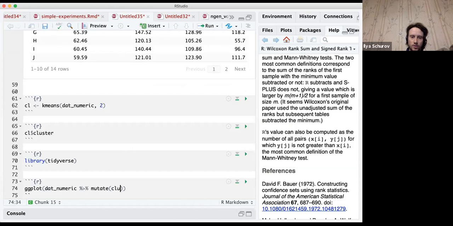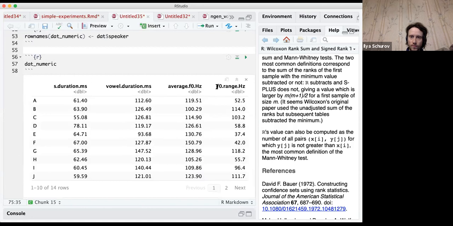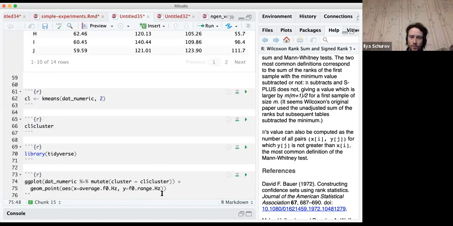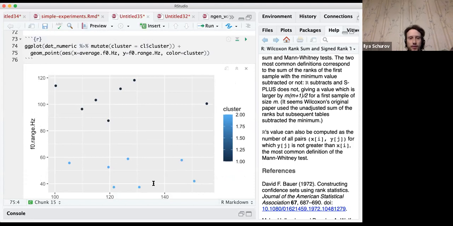Let me add clusters here. So we see how it is clustered. These points are in one cluster and these points are in another cluster.